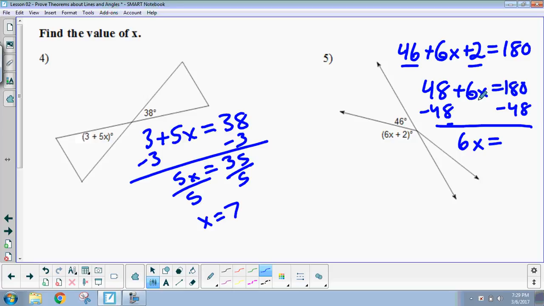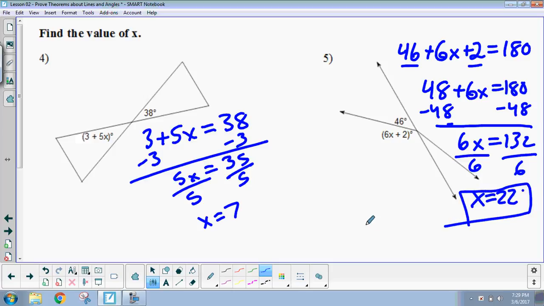I got 132. Divide by 6 because we're solving for x. And we get 22. Boom.